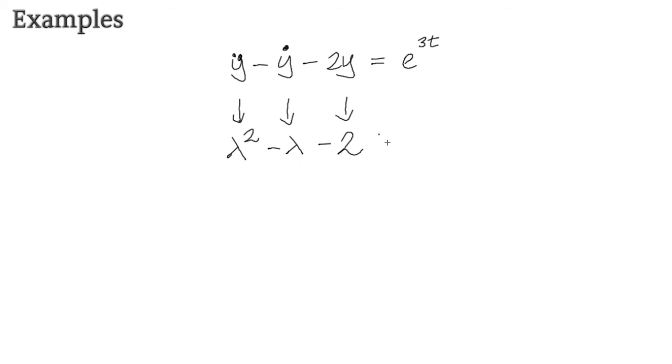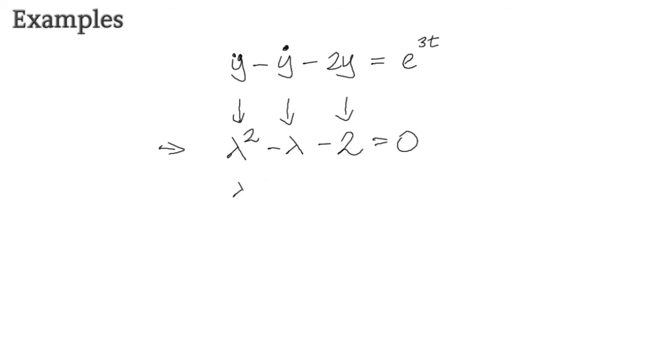With that, we can set this equal to 0 for a homogeneous equation, and that can be solved by quadratic formula or factorization. This whole equation, which equals 0, is called the auxiliary equation.